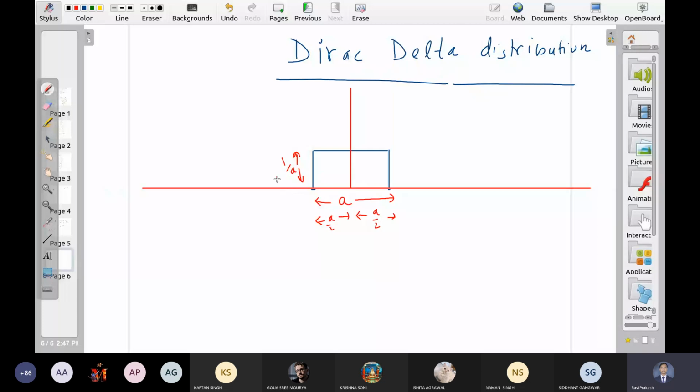So y is equal to f(x). When x is less than minus a by 2, this function is equal to 0.